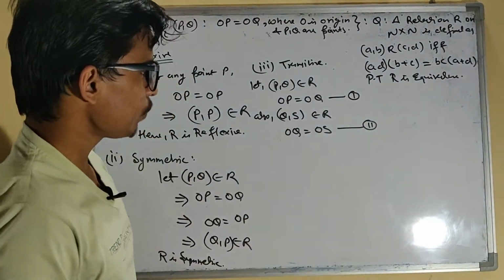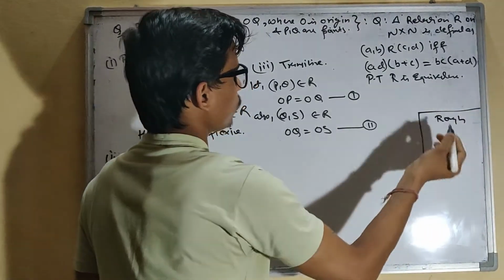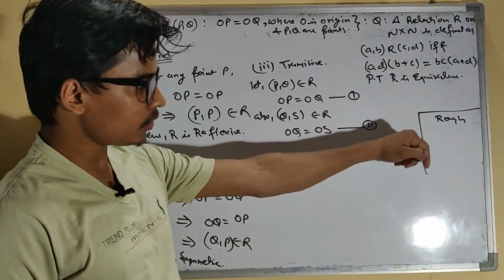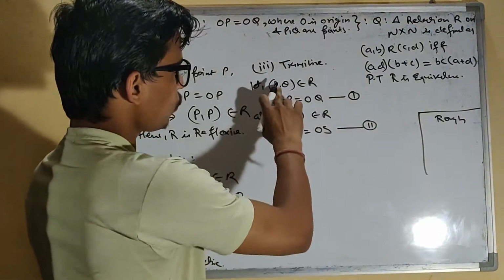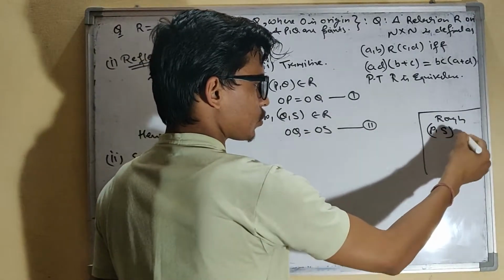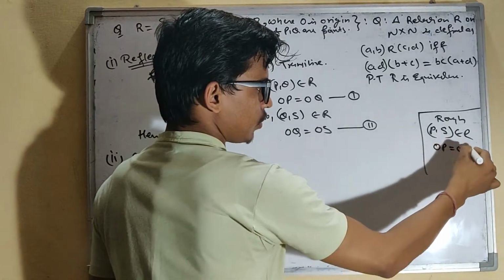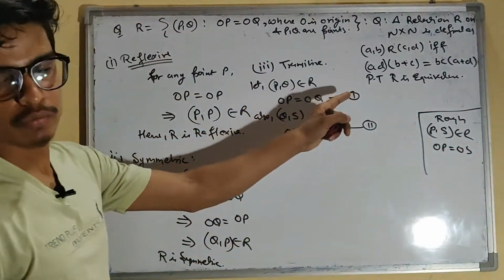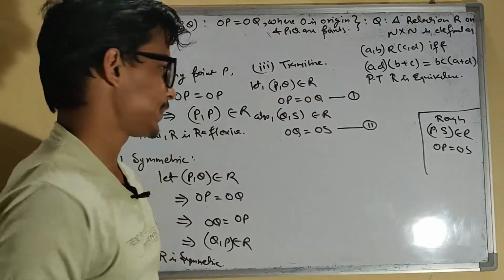Now we have to prove that. Keep it in rough work. By doing it this way, it is very simple to solve further. So what we have to prove? We have to prove that (P, S) belongs to R. This is only possible when OP equals OS. So somehow, by using equations 1 and 2, you have to prove that OP equals OS.